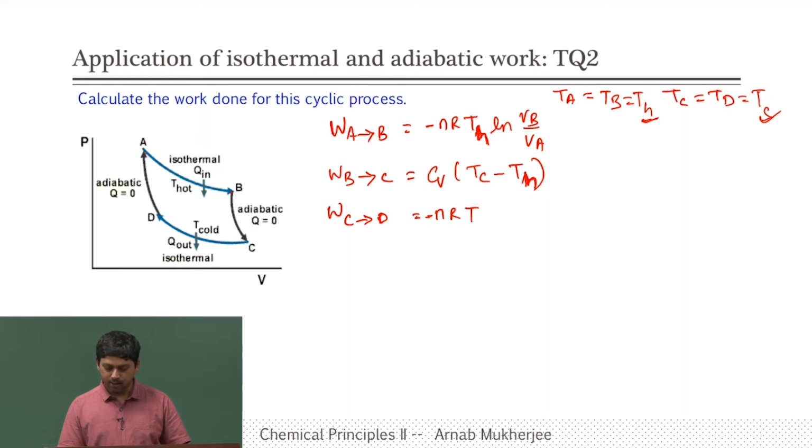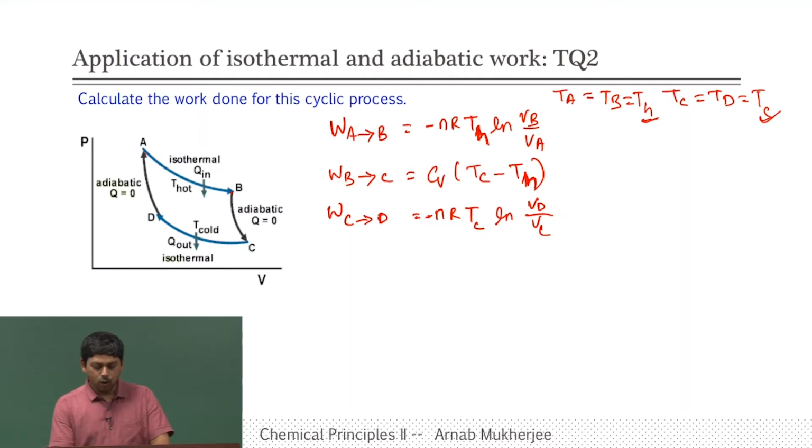So, minus nRT C ln V D by V C. You see, V D, volume of D is smaller than volume of C. So, this particular term is already negative, and negative will make it positive. So, it is actually a positive work done on the system, okay. But we do not have to worry about which is positive and which is negative. We can use the same formula, and the formula is minus nRT ln V final by V initial.